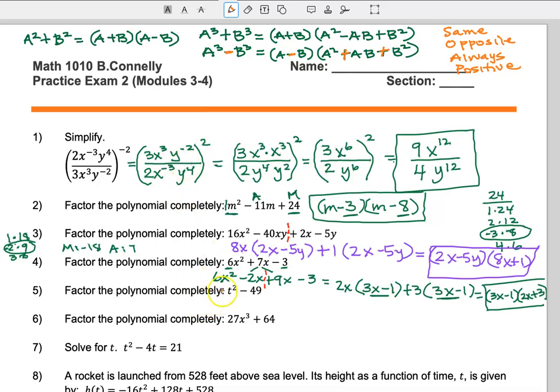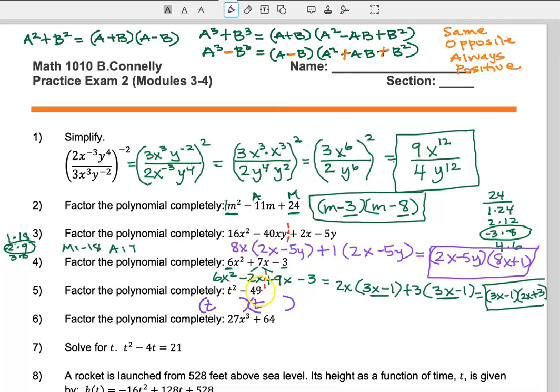Okay, so on number 5, this one actually factors pretty easily. What times what is t squared? Well, t times t. And then remember, according to this, 49 is not my b. I can write 49 as 7 squared.